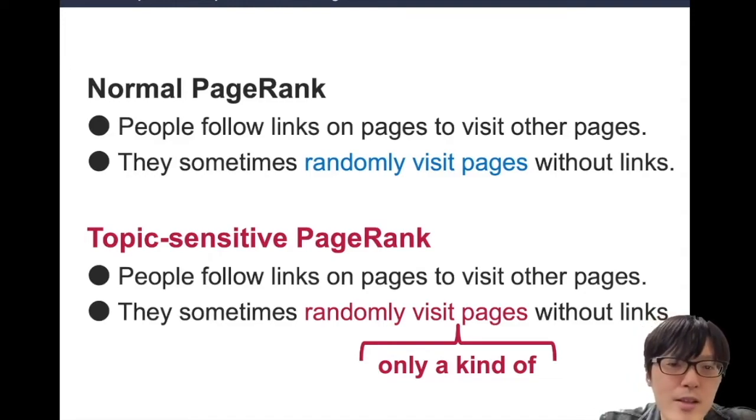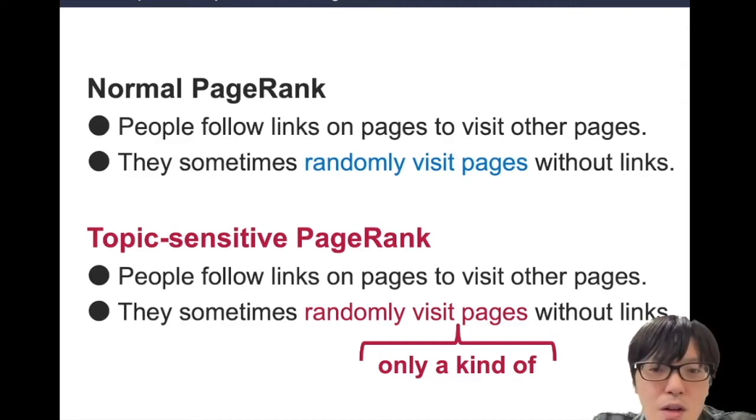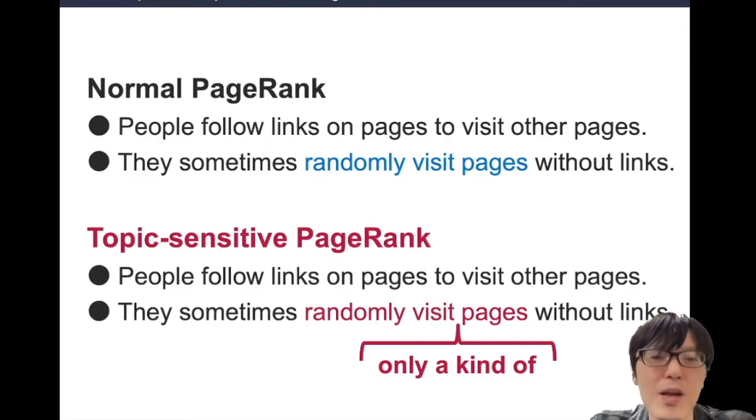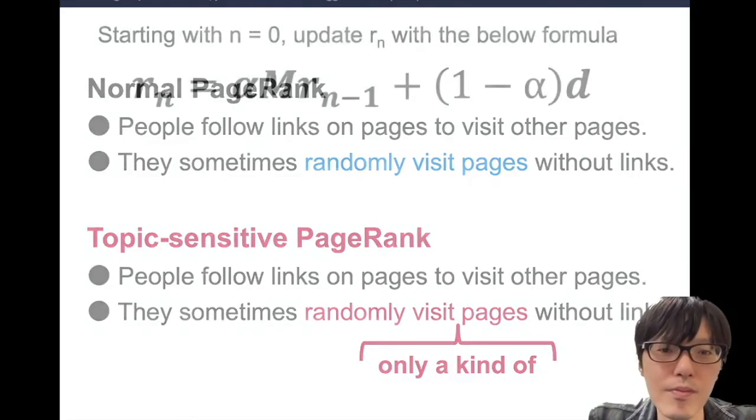We assume that people sometimes randomly visit only web pages about the target topic without using hyperlinks in the topic-sensitive PageRank. Let's see how to reflect these assumptions in the normal PageRank mathematical procedure.